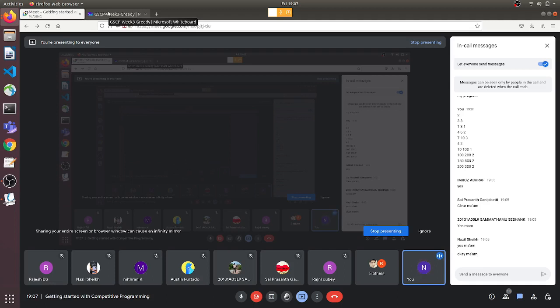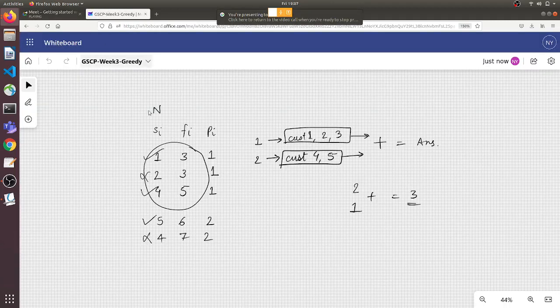Now for solving the entire problem, the complexity is the same, order n log n, because we have a total of n customers here. Let's say n1 customers are coming for counter 1, then this part of the algorithm will take n1 log n1 time.